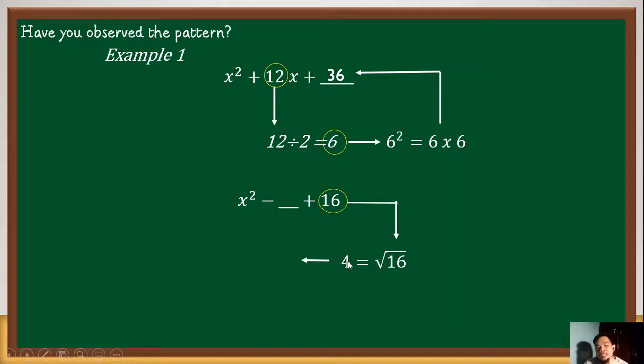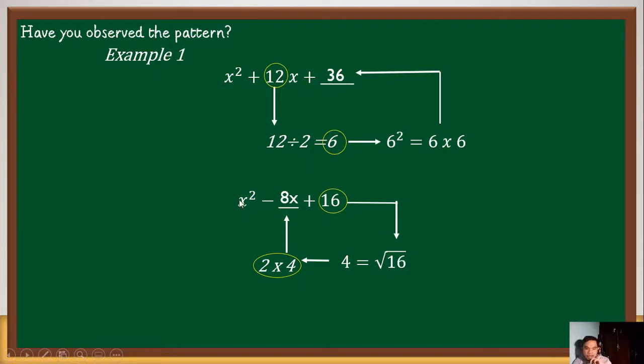So instead na erase natin si 4 sa 2, dito naman to get the middle term, kukunin natin yung square ng last term. So square root of 16 is 4. Then yung kabaliktaran naman ng division is multiplication. So what we're going to do with 4 is we're going to multiply 4 by 2. Okay? So 4 times 2 is equal to 8.